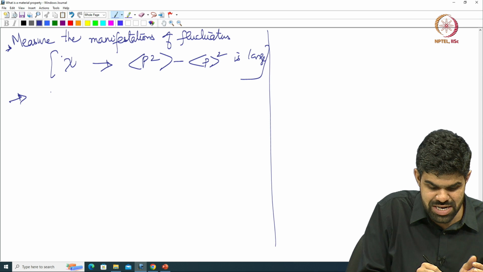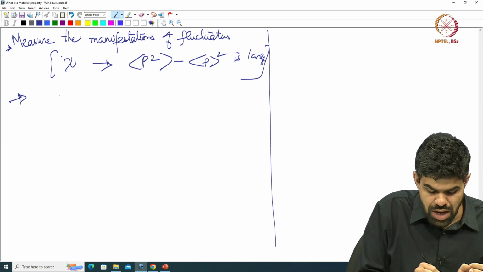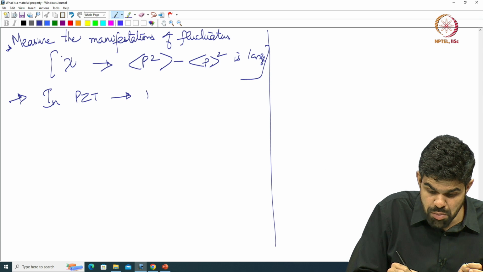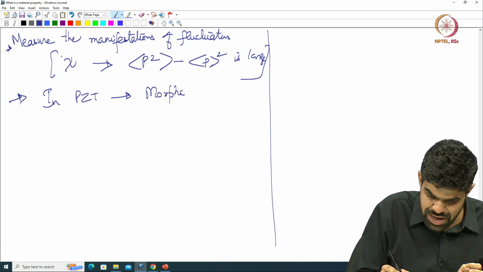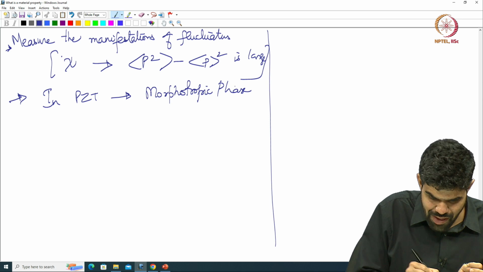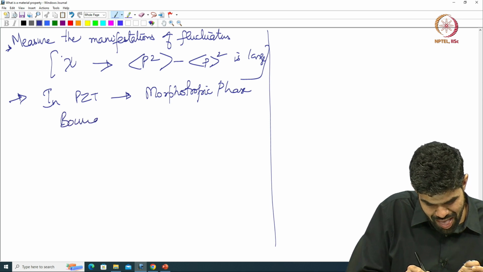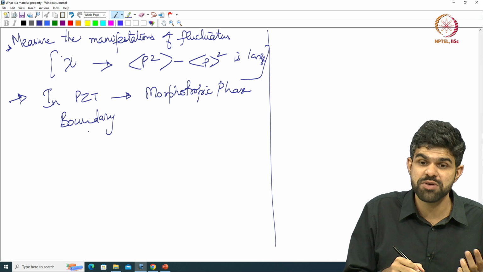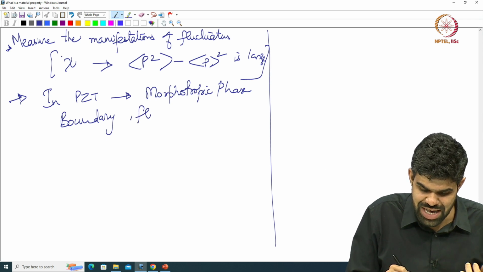So, we have seen that in PZT there is what is called a morphotropic phase boundary, and in this morphotropic phase boundary, the fluctuations are the largest.